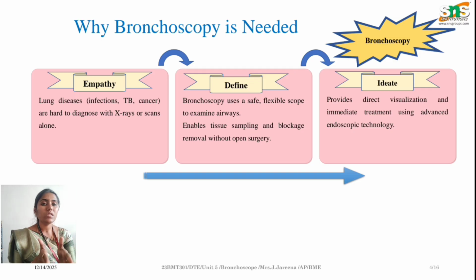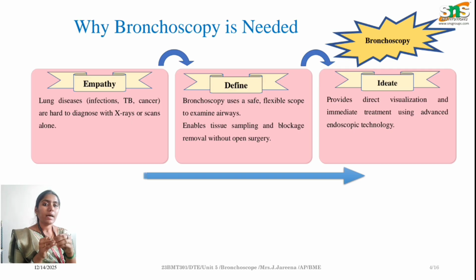But in the early stage it's very difficult. We have to analyze well beforehand, so that we can overcome the further consequences of the lung disease. So that is the empathy.